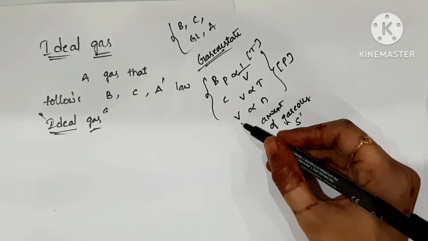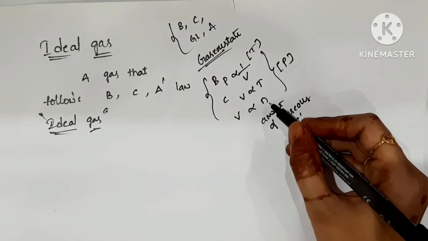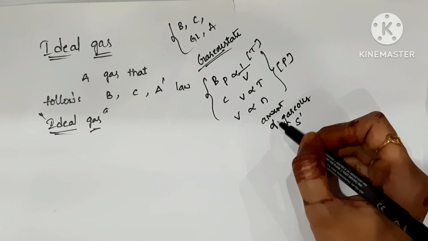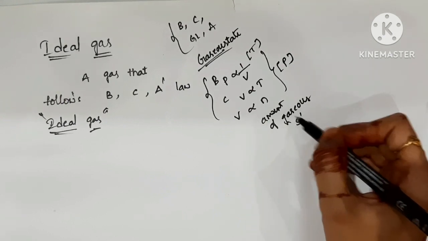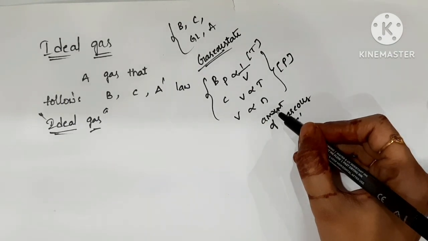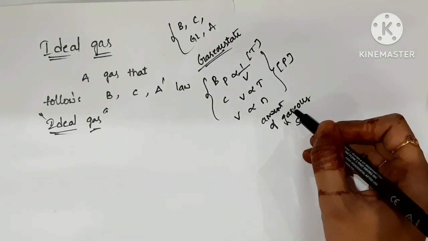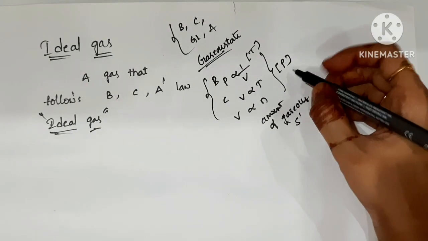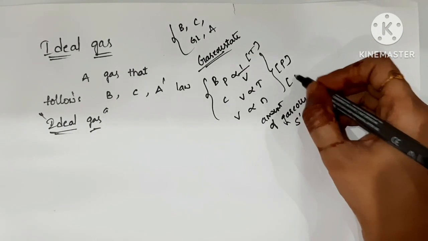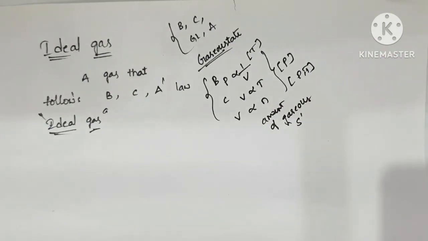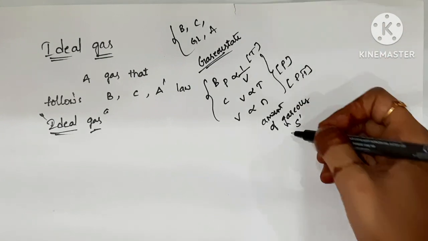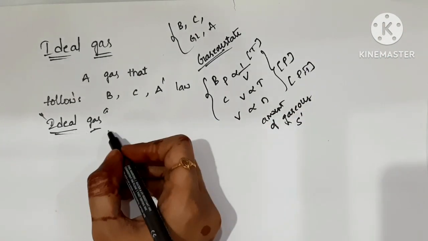In Avogadro's law, volume is directly proportional to N, the number of atoms or molecules of gas, and here pressure and temperature are constant. So a gas that follows all these laws is called an ideal gas.